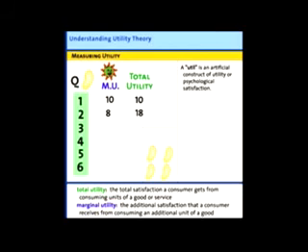Of course, no one can eat just 2, right? The third chip adds only 6 utils to my total satisfaction, bringing the complete level up to 24. I mean, it's better than nothing, but not quite as good as the first 3.